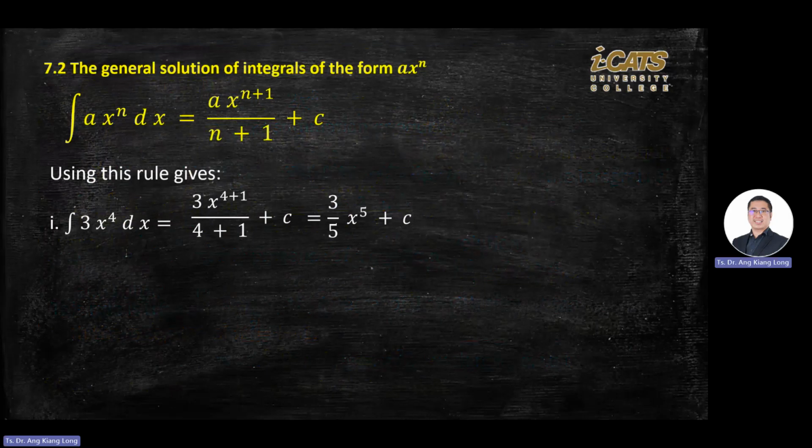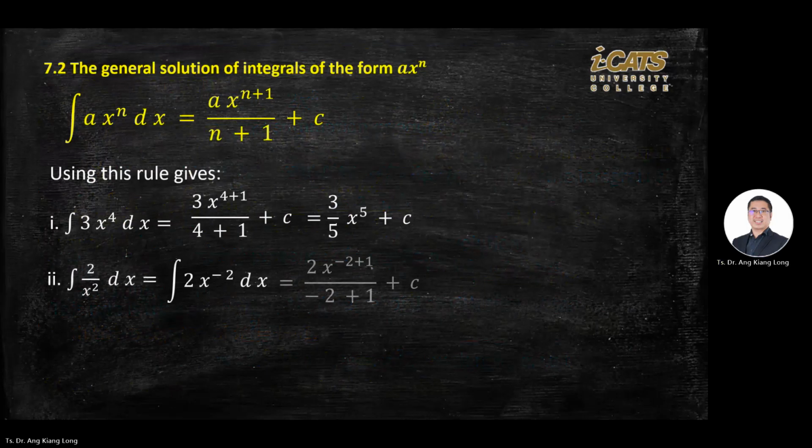We repeat the same concept for the next few slides. If you understand this one, I will go very fast. This is just another example. Always convert your question into index form. When you get a fraction, 2 divided by x squared, convert into index form, which is 2x to the power minus 2.